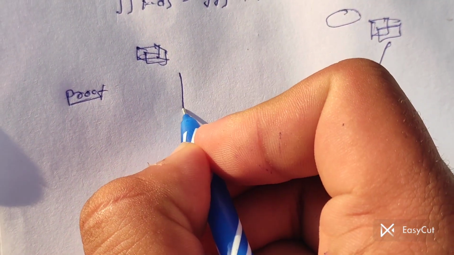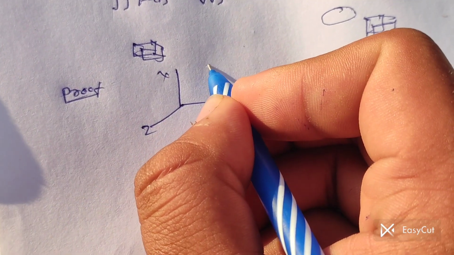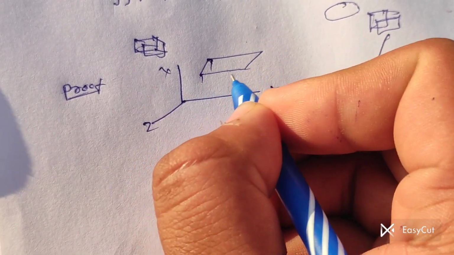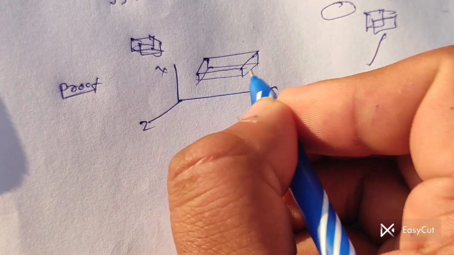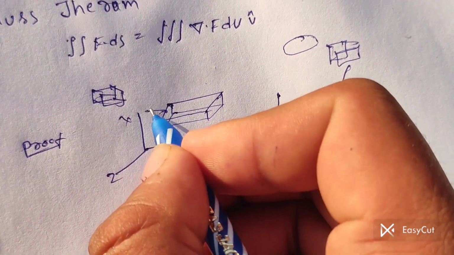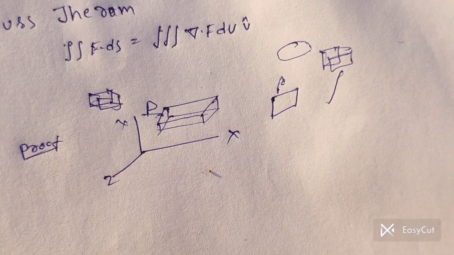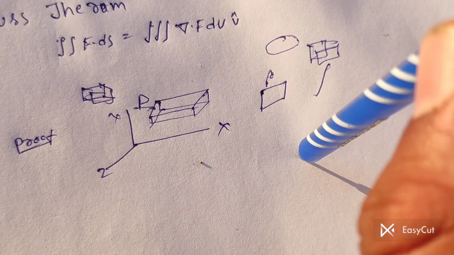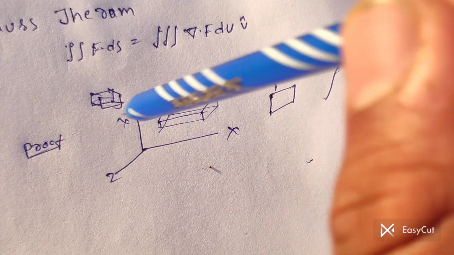For example, these are our x, y and z axes. We take a small cube. This is our cube, and this is our surface A. The flux is passing through surface A, which is the left hand side.